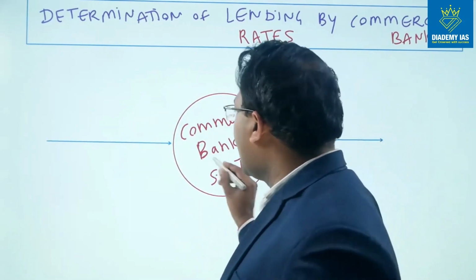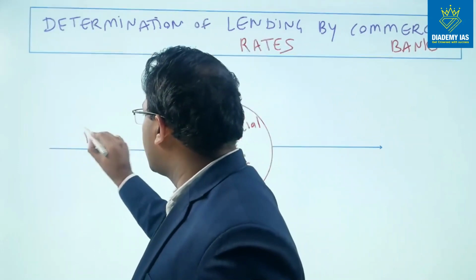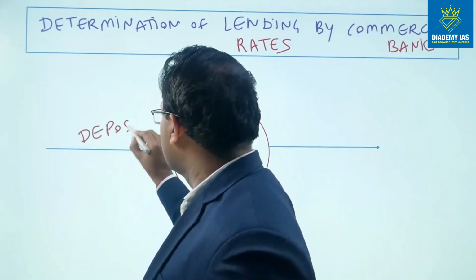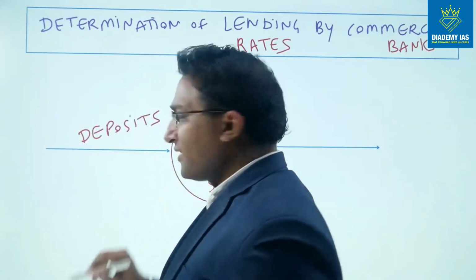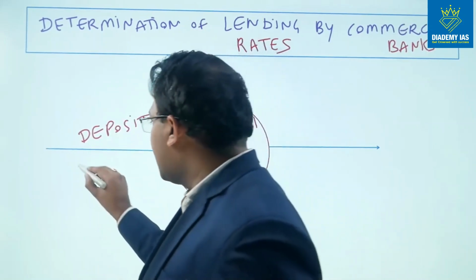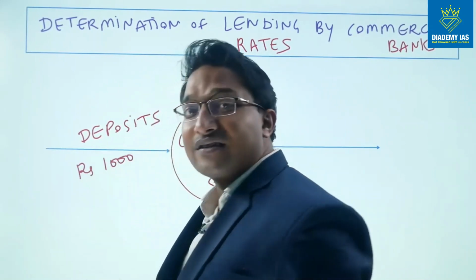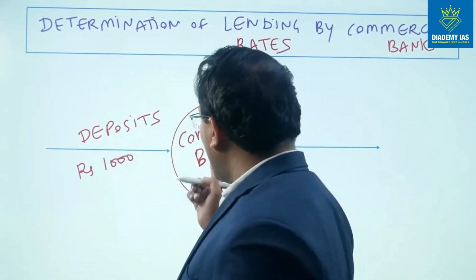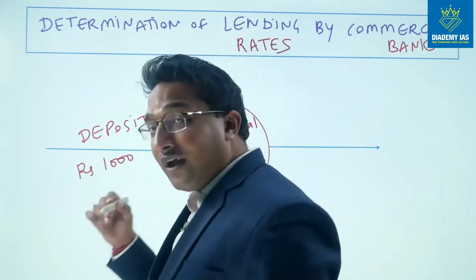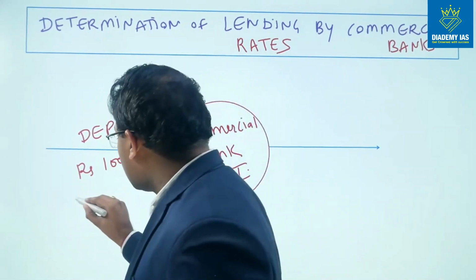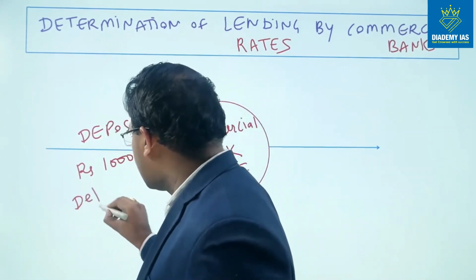Now this State Bank of India accepts deposits from its customers. Let us say rupees 1000 is the amount of deposit made by its customers, and on this deposit it pays some rate of interest. That is called deposit rate.